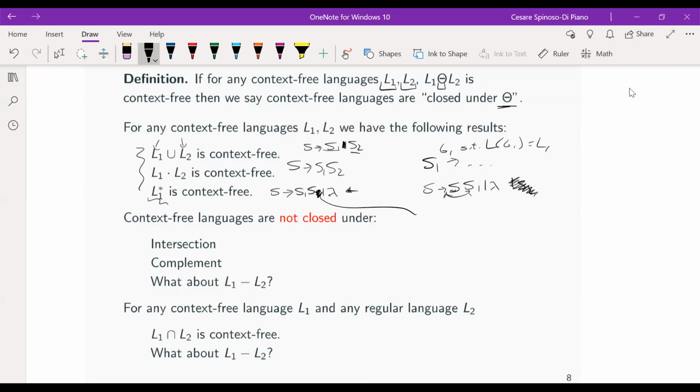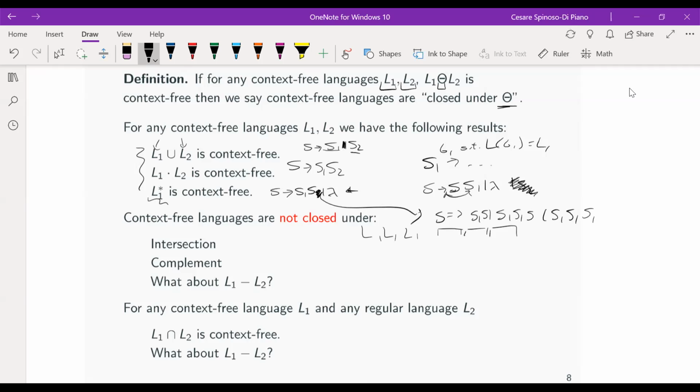But actually, to be honest, I don't think it matters, because if you just look at the high level derivation, let's say you wanted to compose yourself three times, L1, L1, L1. Then you would derive S1S, then S1, S1S, and then S1, S1, S1, and then lambda.